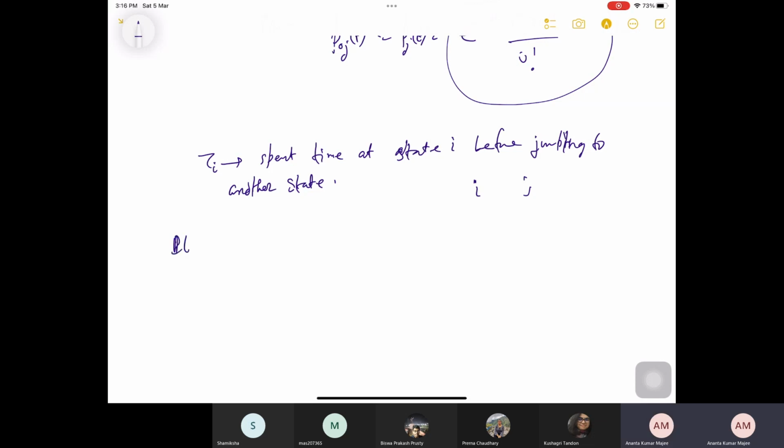So probability of tau i greater than t. Actually, we know the memoryless property of the exponential distribution, is it not?